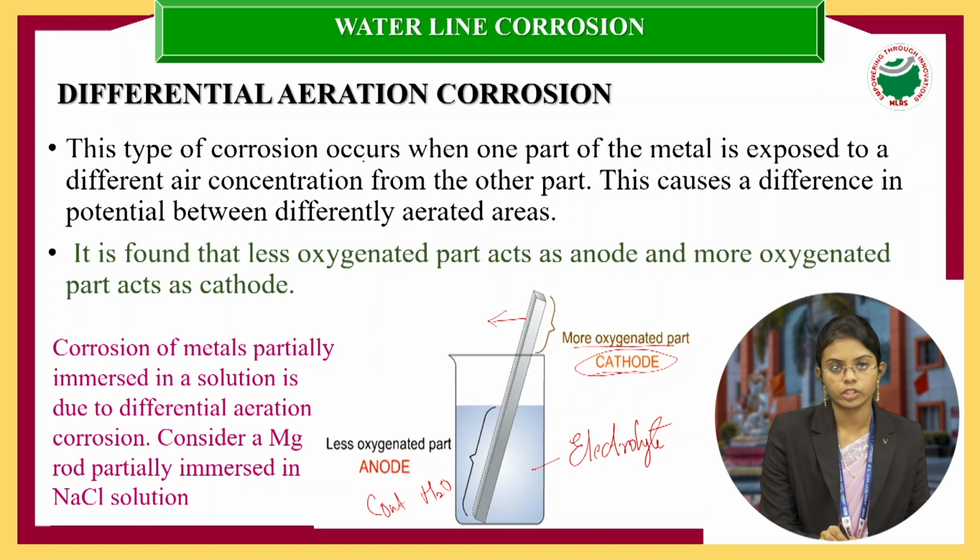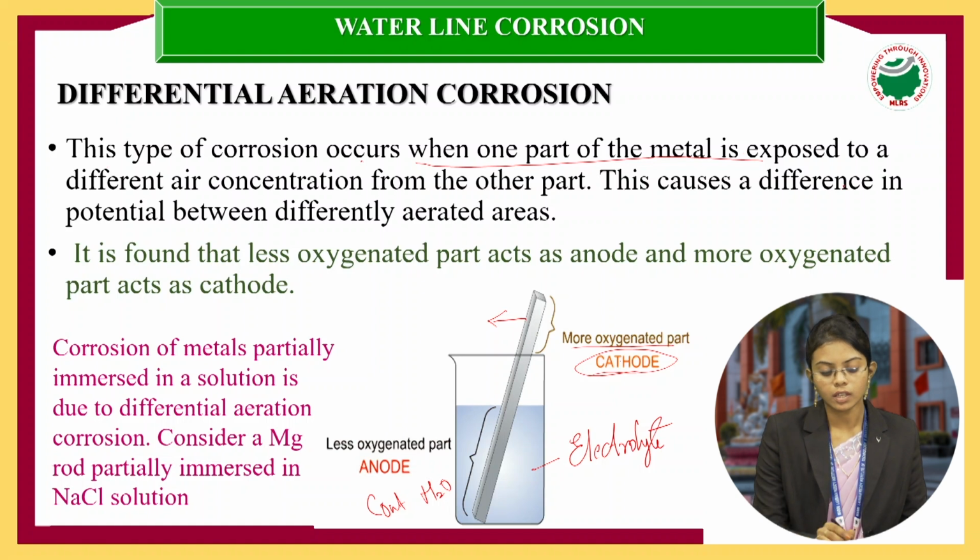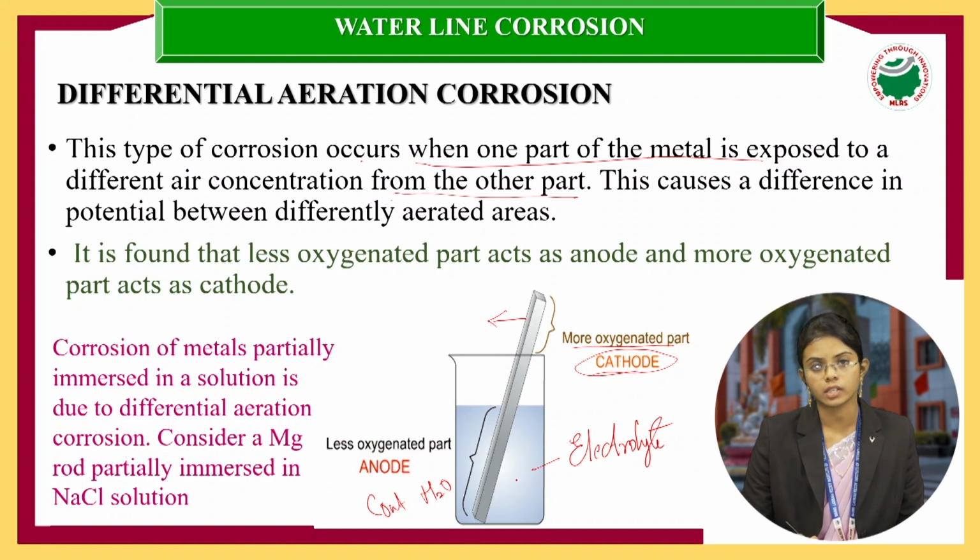This type of corrosion occurs when one part of the metal is exposed to a different air concentration from the other part. If you observe, the same metal rod is having two different concentrations. One is highly oxygenated and the other is less oxygenated.